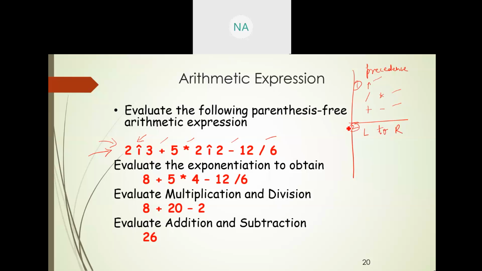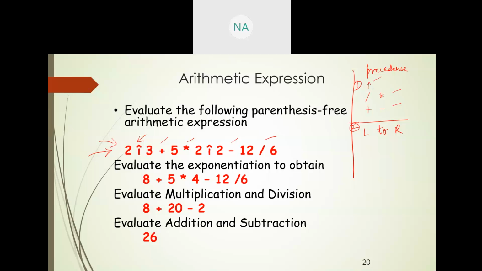The first rule is that we define different levels of precedence. Exponent has the highest precedence, then multiplication and division, then plus and minus. The highest precedence operator will be evaluated first, then the next highest precedence level operators will be evaluated next.